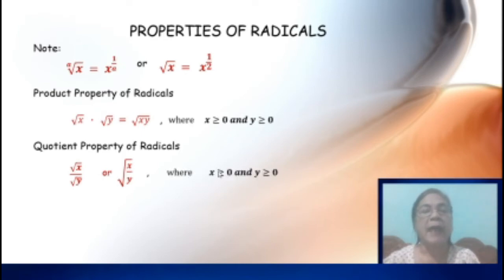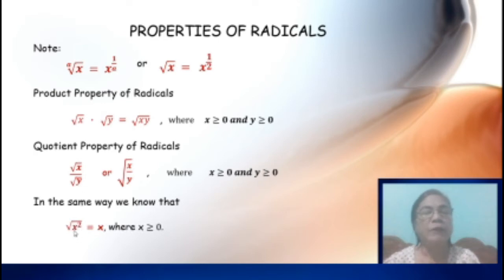Wherein x should be greater than or equal to 0 and y also is greater than 0. In the same way, we know that square root of x squared is equal to x. I repeat, square root of x squared is equal to x, wherein x should be greater than or equal to 0.